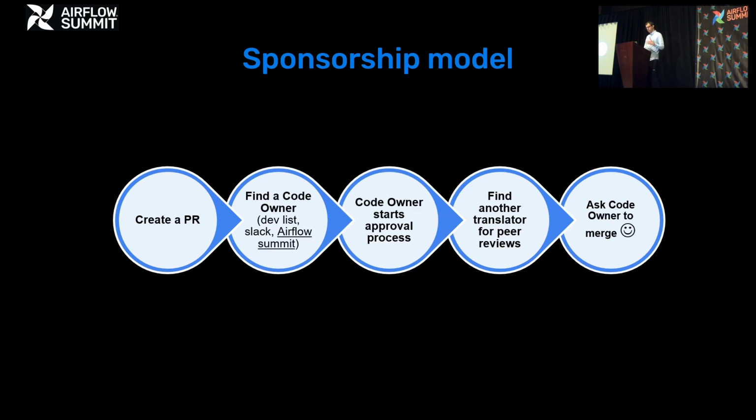You find another translator or translation owner for peer reviews, and after you have it ready and approved, you could ask the code owner to merge, and starting from this point, you work together before each release to synchronize the translation with the English one.